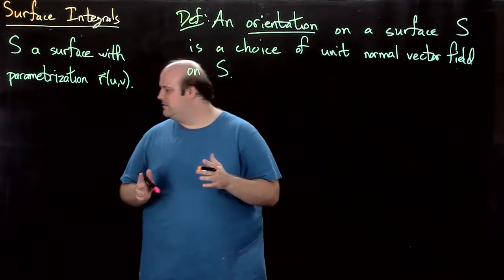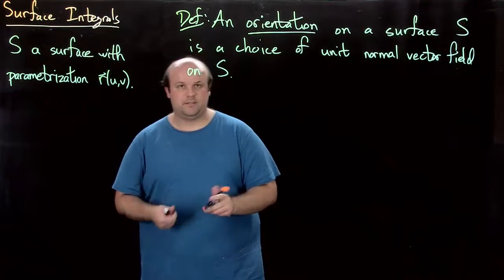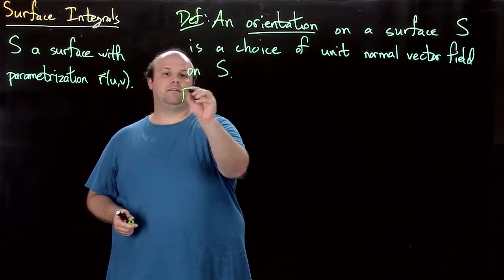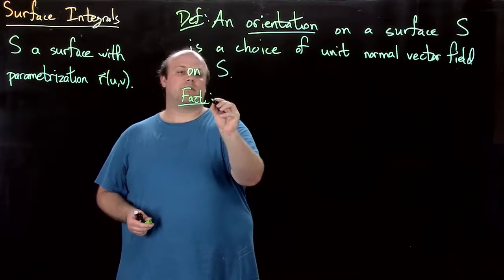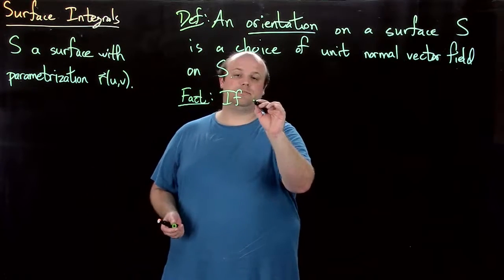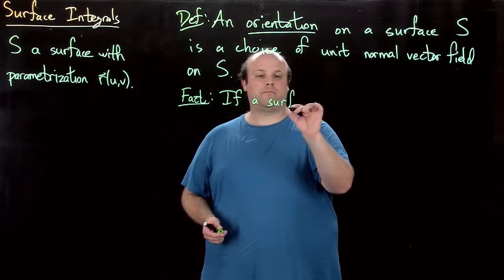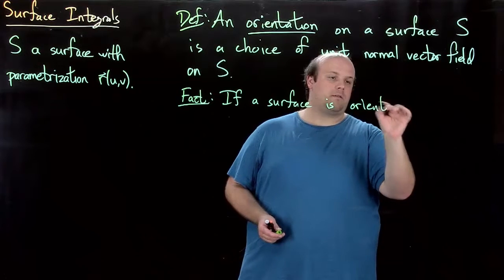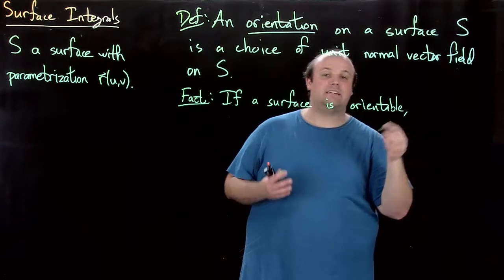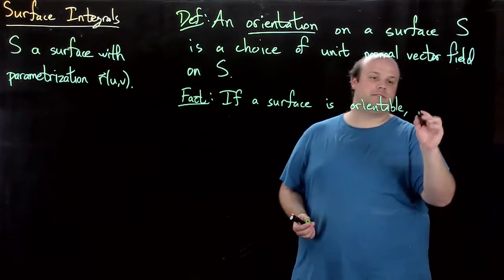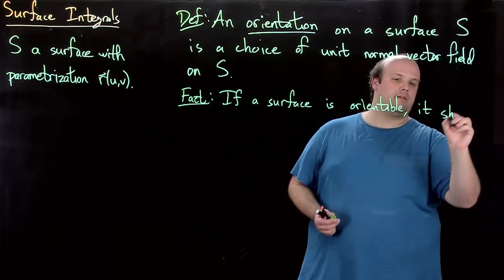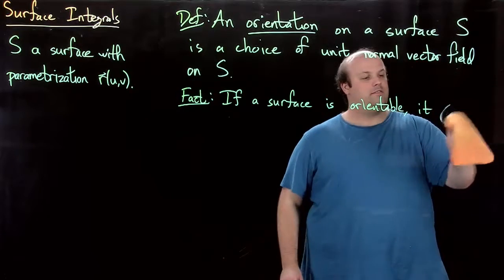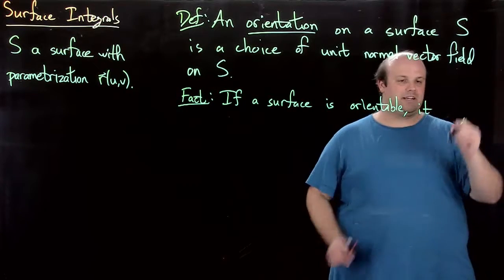Actually, let me give you a fact first before we sketch. The fact: if a surface is orientable, it has exactly two orientations.